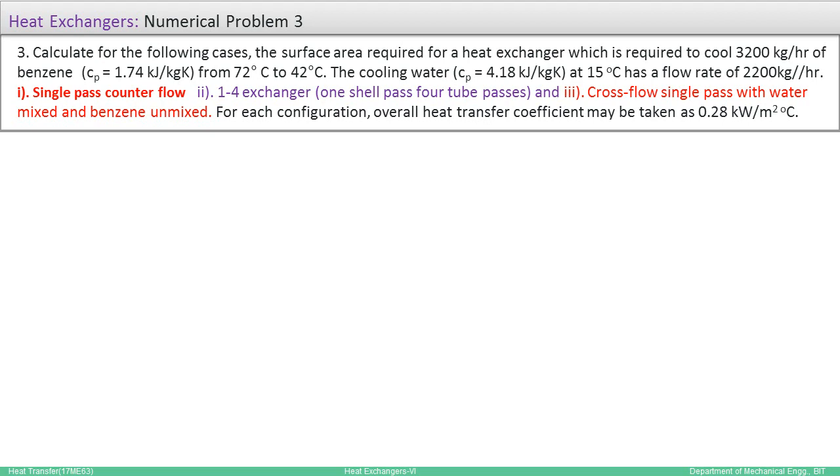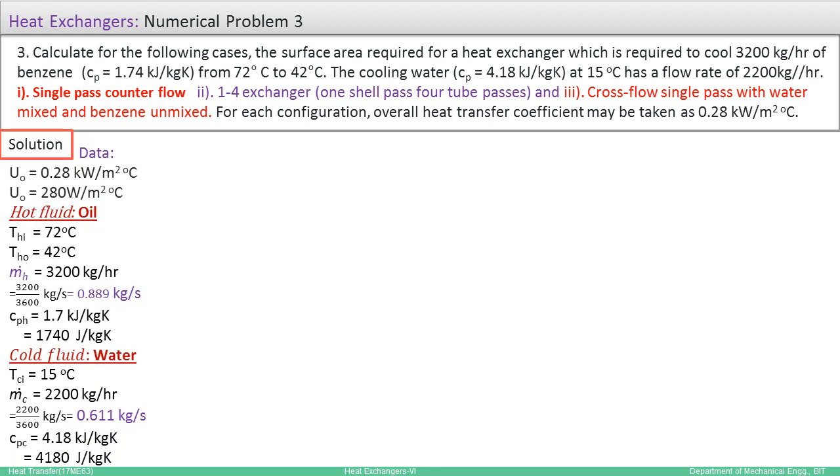So we'll start the solution by writing the data out and then taking up one by one the cases. This is a sizing problem where you have to find out the surface area required for the given conditions. So U naught is given in kilowatt per meter square degree Celsius and it is expressed as 280 watt per meter square degree Celsius.